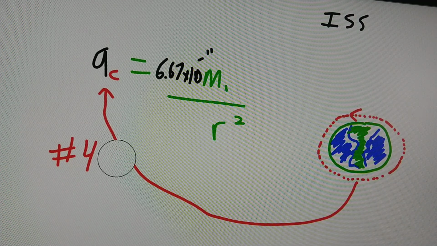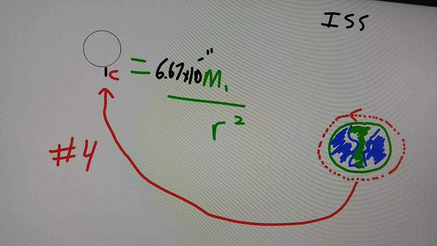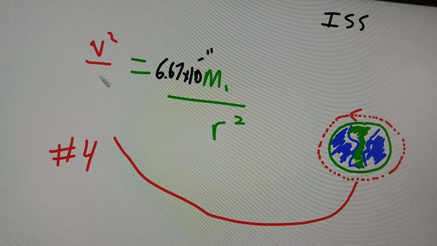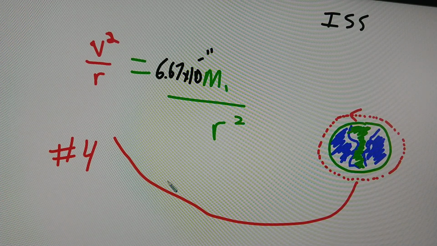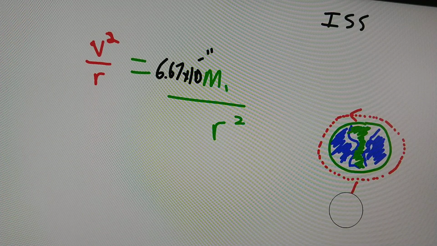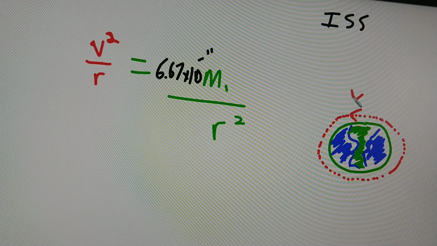We could change the letter A to v squared over r, couldn't we? We can change a to v squared over r. So now we can go beyond calculating the acceleration. We can calculate the actual velocity of the space station while it's in orbit.